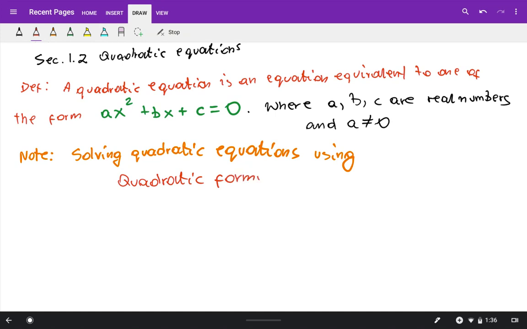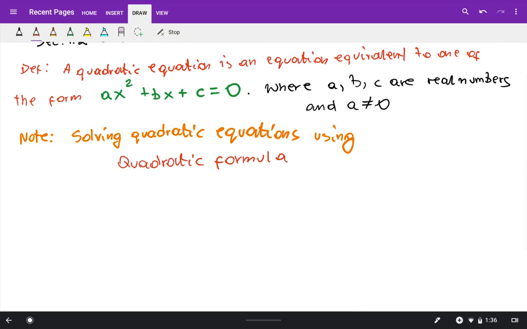So if you're not a fan of factoring, this is your best friend. The quadratic formula is x equals negative b plus or minus the square root of b squared minus 4ac, and everything divided by 2a.